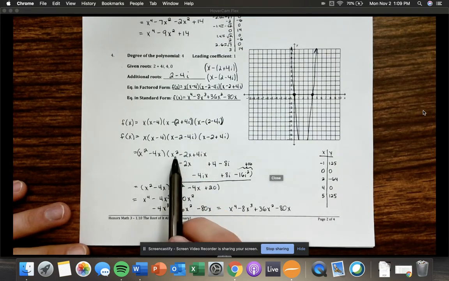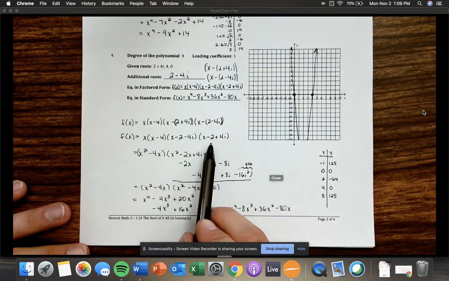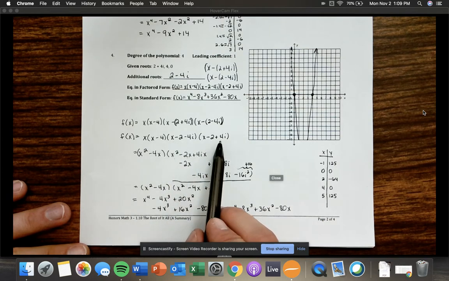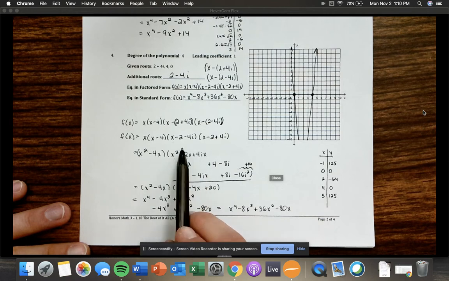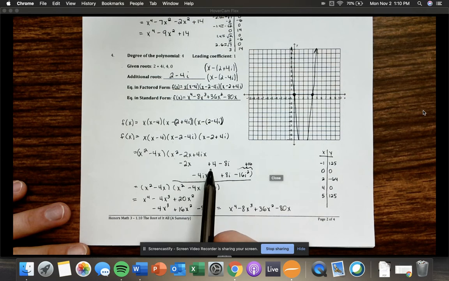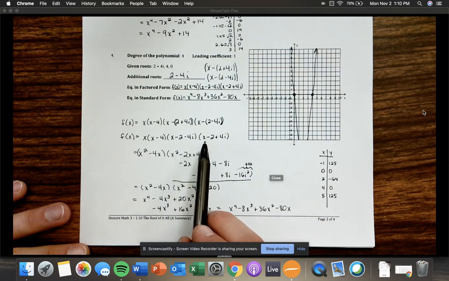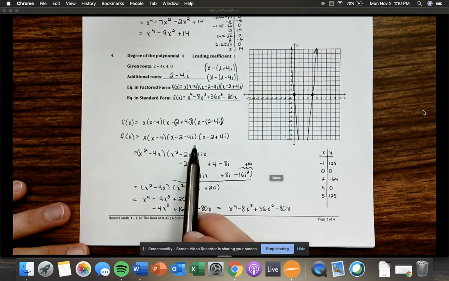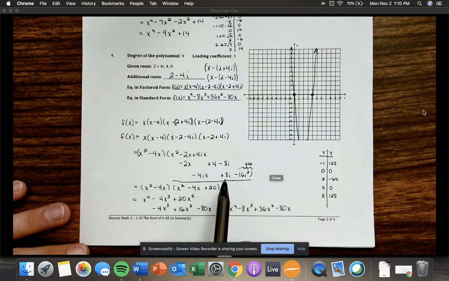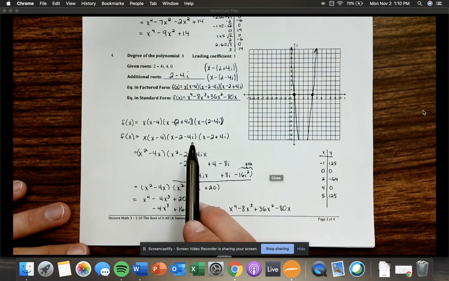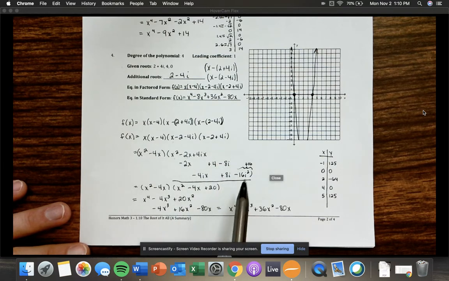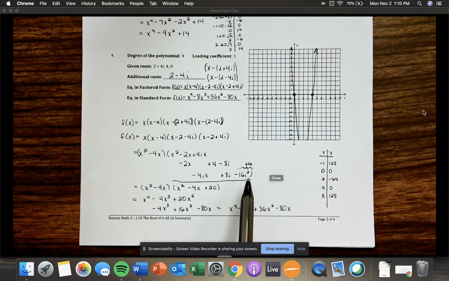So we do x times x is x squared, x times negative 2 is negative 2x, x times 4i is 4ix, and we do negative 2 times x is negative 2x, negative 2 times negative 2 is positive 4, negative 2 times 4i is negative 8i, then we do negative 4i times x is negative 4ix, negative 4i times negative 2 is positive 8i, and then negative 4i times positive 4i is 16i squared, which remember, i squared is negative 1, right?